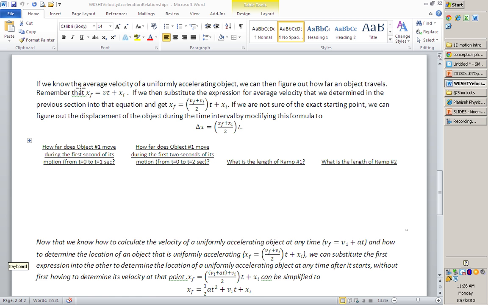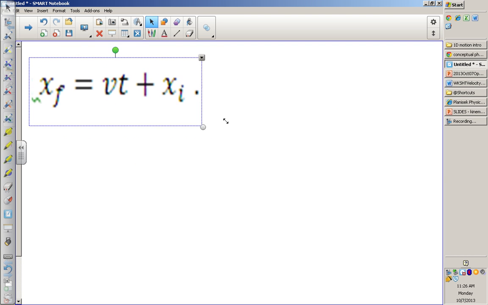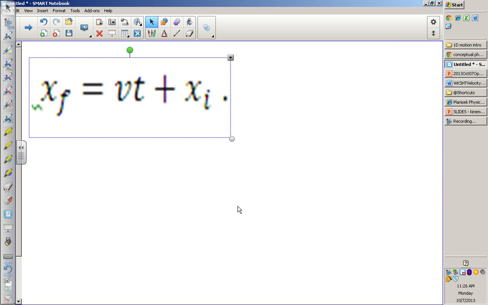First, hopefully this equation looks familiar. Yes? Of course. x final equals v times t plus x initial. We used it a bunch in the last chapter to represent the motion of an object moving with a constant velocity. If we know what v is and we know how long it went, we can figure out where it ends up. Okay?